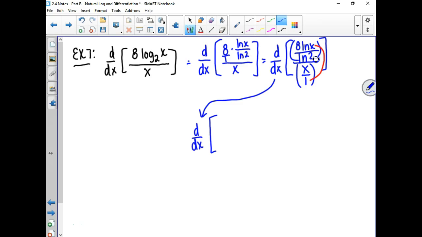So you'll have 1 times 8 natural log of x. And the inners, x times natural log of 2, are going to be on the bottom. So she would always say outers over inners, so that you don't actually have to write that down when you flip and multiply. So if you like that, use it. Might save you a little time.